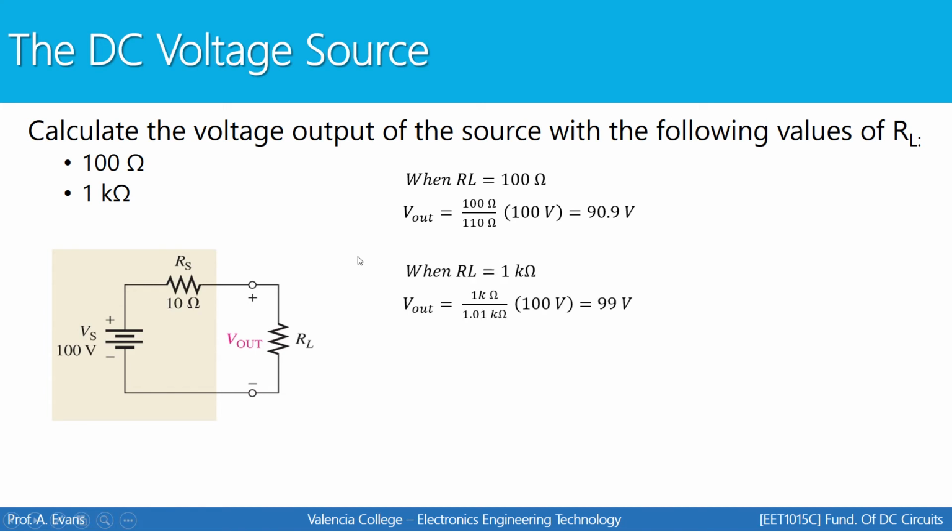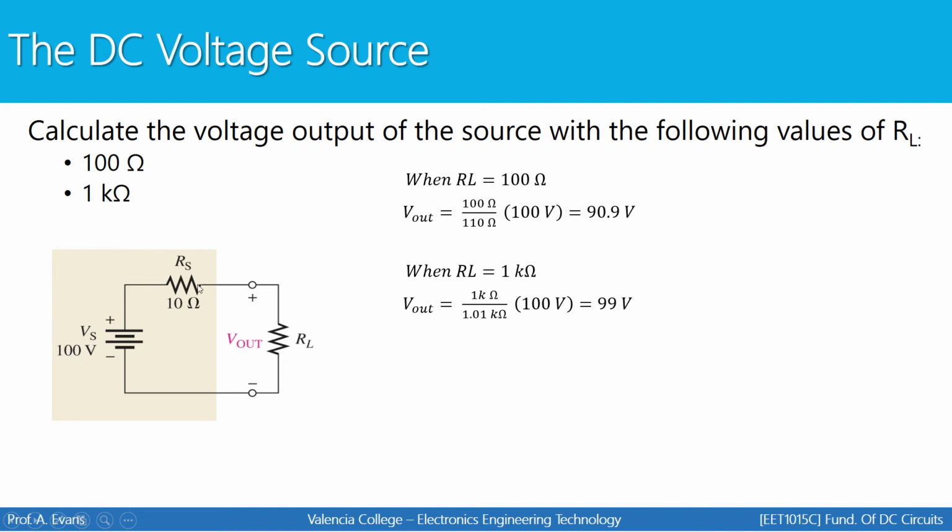Now let's consider the case where the load resistor is 1 kilo ohm. In this case, the voltage divider becomes 1 kilo ohm divided by 1.01 kilo ohms times 100 volts. Now we get an output voltage that's much closer to the source voltage. So again, if this is a DC power supply, when I set it to 100 volts, I expect to get 100 volts out.